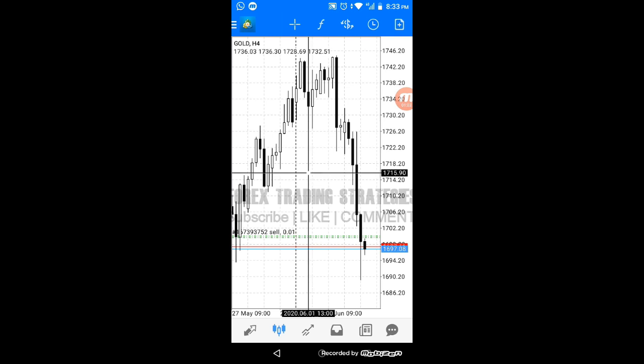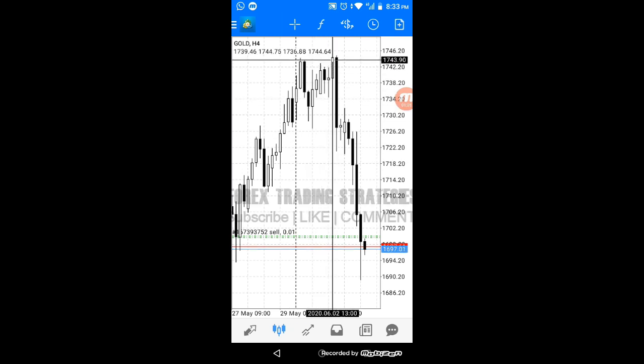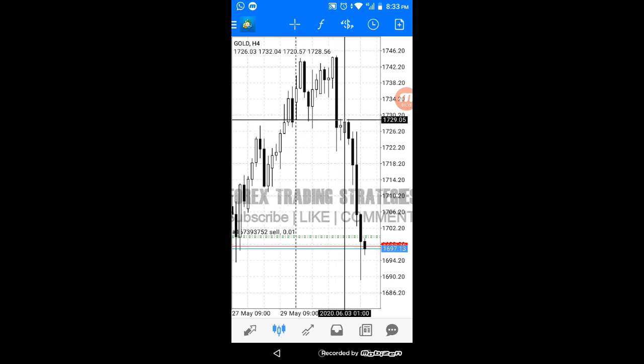Initially, I caught gold here on this candle. That was manual trading. Then I got stopped out somewhere here. Then I re-entered again, and I think I got stopped out around here.